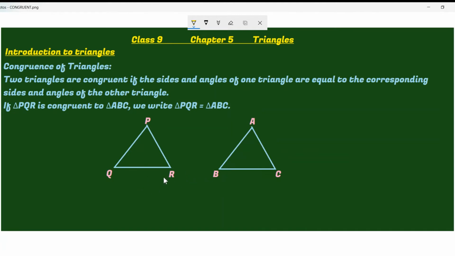When can we say these two triangles are equal? If the corresponding sides are equal, PR is equivalent to AC, QR is equivalent to BC, and if the corresponding angles are equal, then we can say these two triangles are congruent.